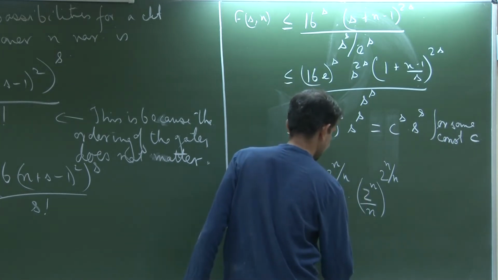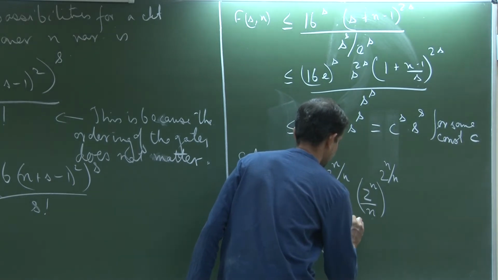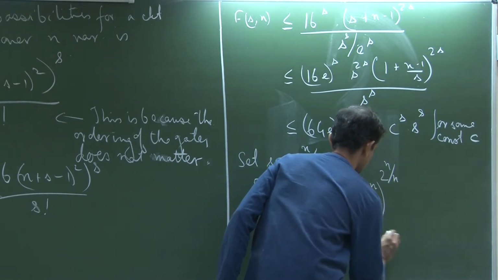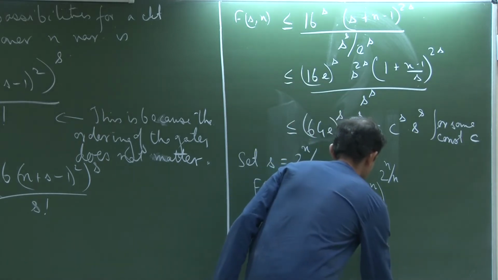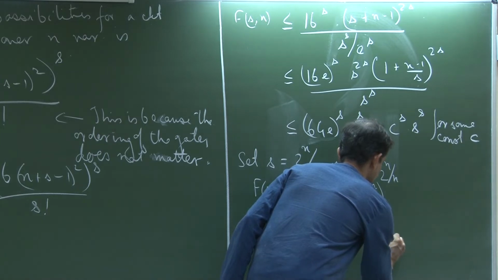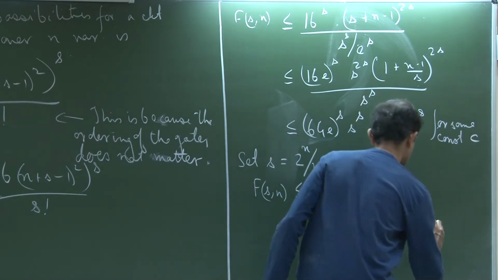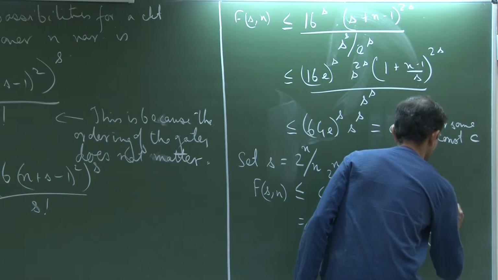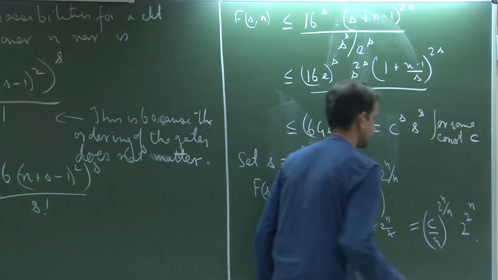I take this n outside: (c by n) to the power 2 to the power n by n, times 2 to the power n. So, this n and n cancels out. We get (c by n) to the power 2 to the power n by n times 2 to the power n.